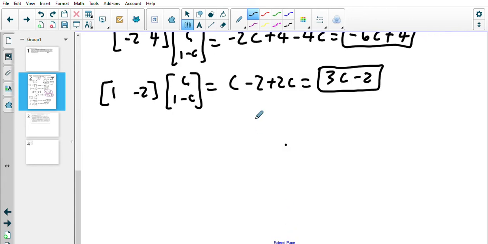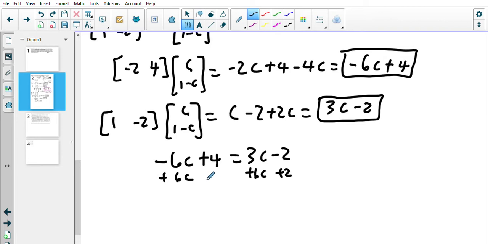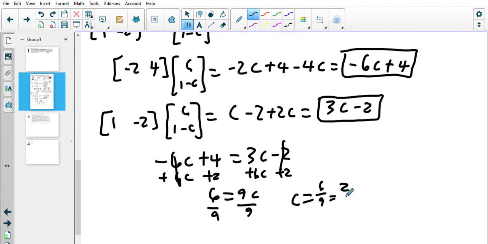Okay, so we can just set our two results equal to each other. -6C plus 4 equals 3C minus 2. We can add 6C to both sides, and we can add 2 to both sides. That'll give us 6 equals 9C. So C equals 6 over 9, or 2/3.